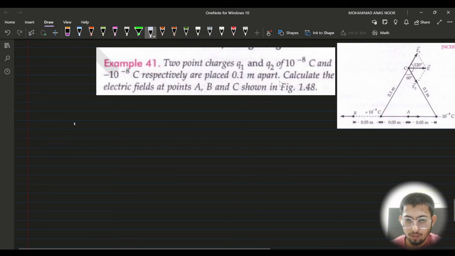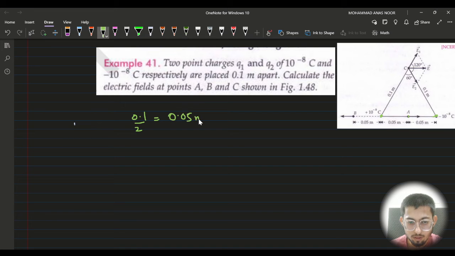So two point charges Q1, Q2. So Q1, Q2 are placed, I think, at these points. So one of them is this, and another of them is this. So they are separated by 0.1 meter distance. Since this is the midpoint, the distance would be halved. So 0.1 divided by 2 is equal to 0.05 meters.